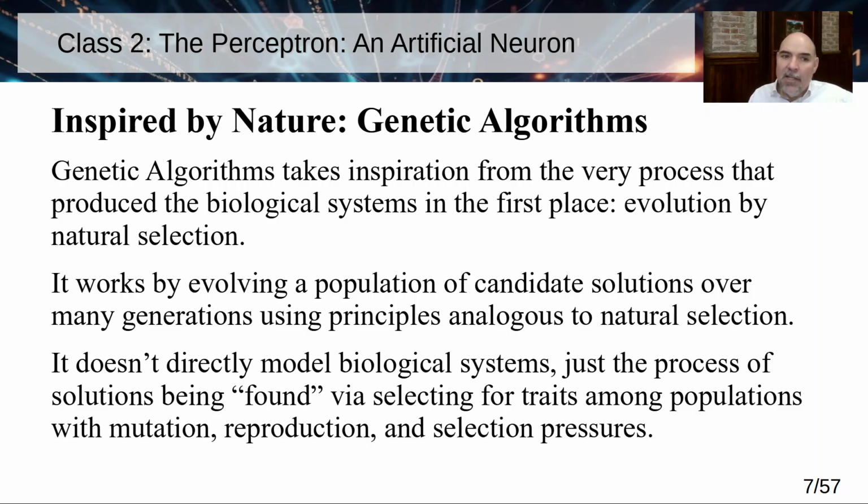So the idea there is we have a population of candidate solutions that we evolve over time, over many generations, using principles that are analogous to how natural selection works in nature. We probably would call it more artificial selection than natural selection, because we're the ones choosing what to select for and what traits give the best results.